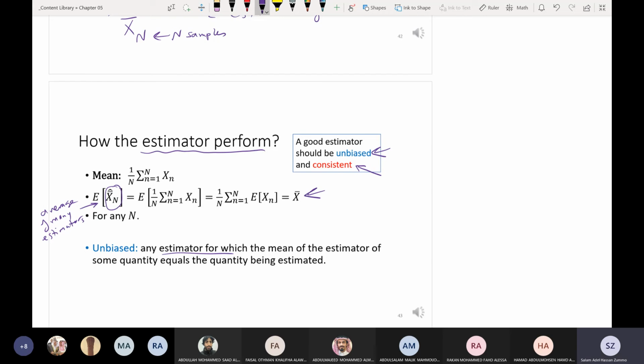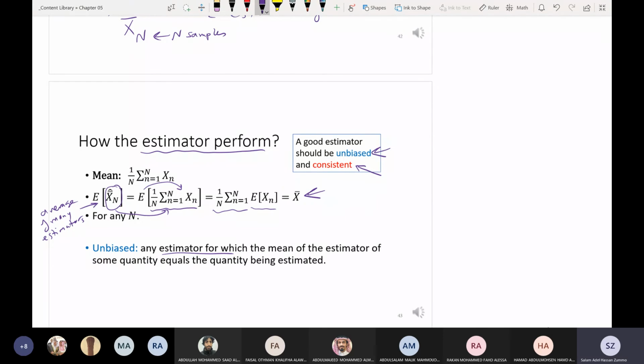Let us see how. The expectation of this sample mean is 1 over n multiplied by the summation of the samples, right? And I know that expectation is a linear operator, so I can take it inside. So this is 1 over n, summation from n=1 to capital N, of the expected value of x_n.